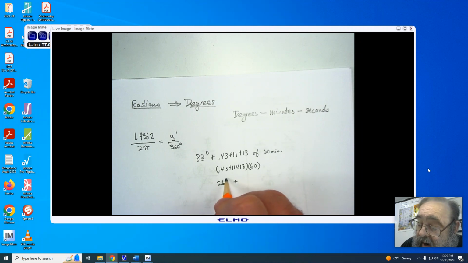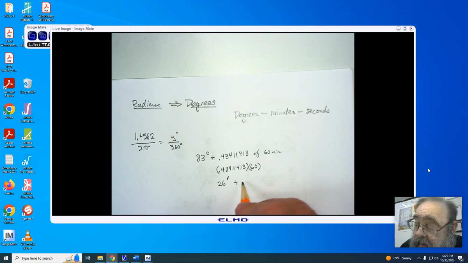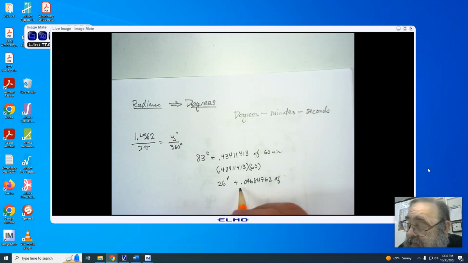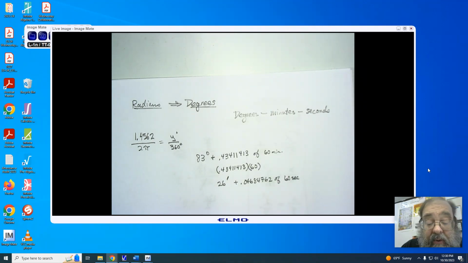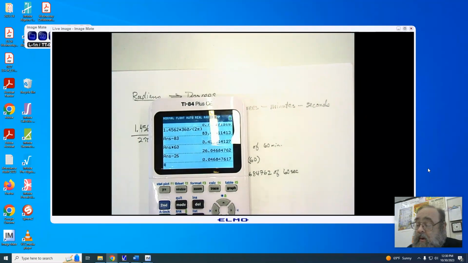And this is my minutes, and our symbol for minutes is one tick mark. And I have this 0.04684762 of one minute. So I have this portion, and this is of now 60 seconds. So of means to multiply, so I take away the 26, and I'm now only looking at that large decimal, which I now multiply by 60.